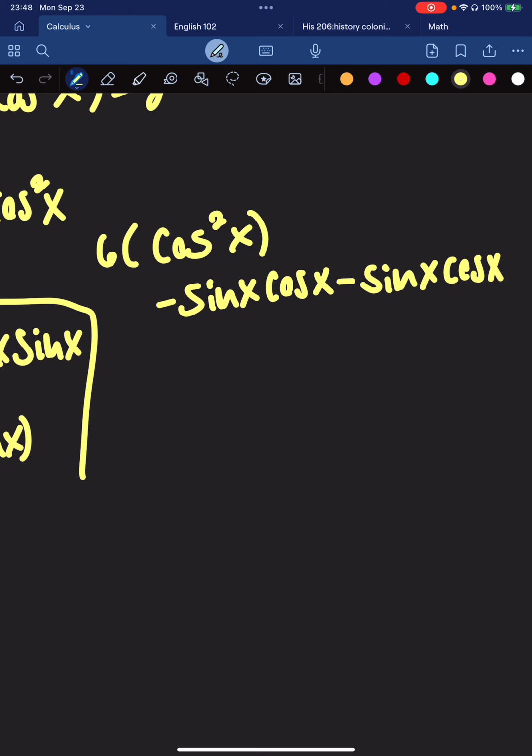The reason why it's negative is because if we put the positive there, we'll just put the negative in parentheses, and either way it would distribute. So we might as well just write it out like that. So that's going to be 6 times negative 2 sine x times cosine x.